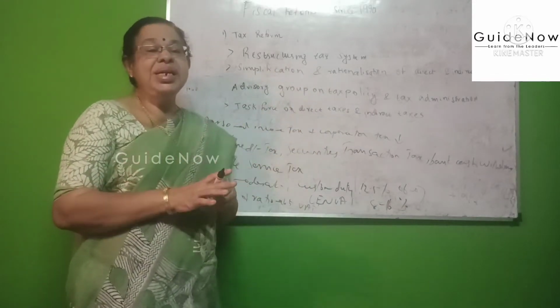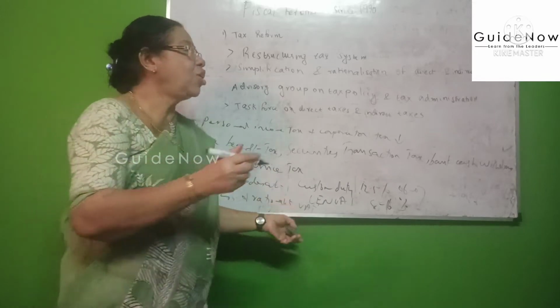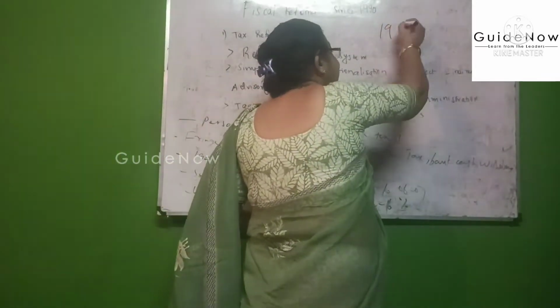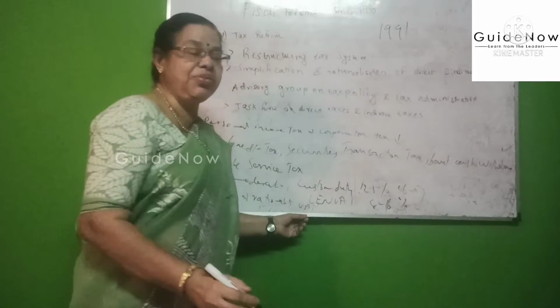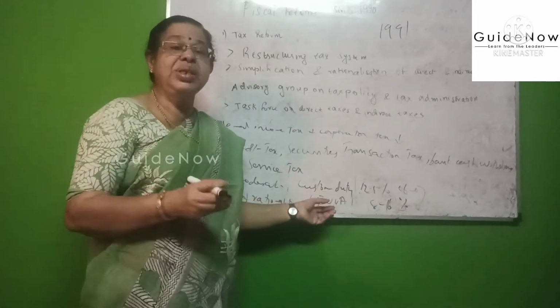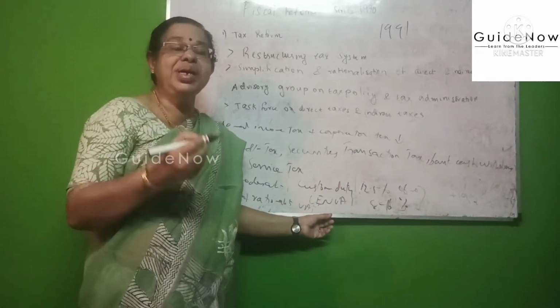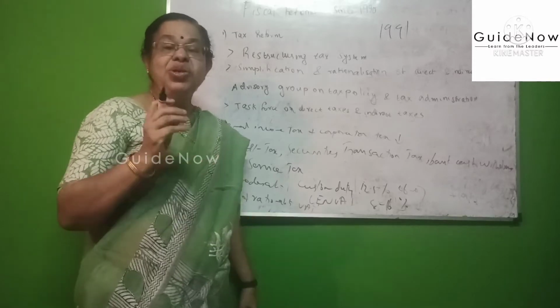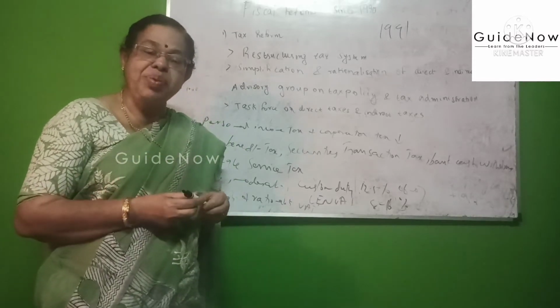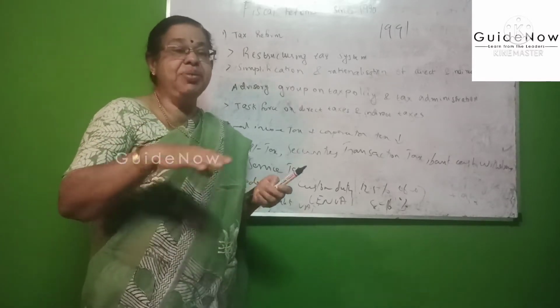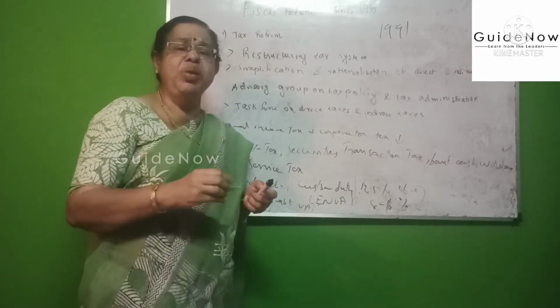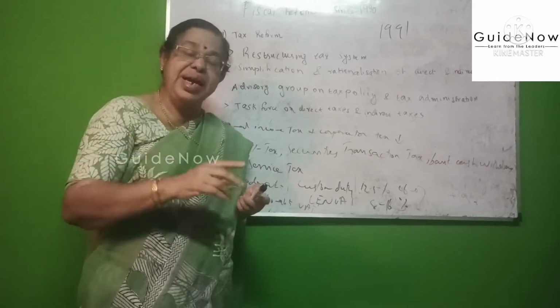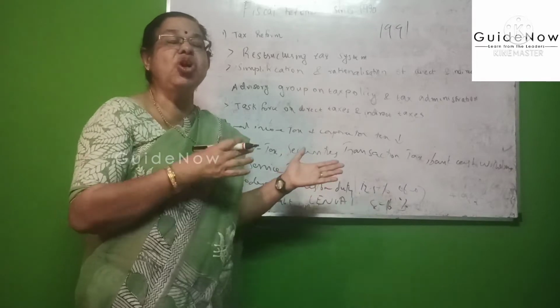In India, in the year 1991, many economic reforms were introduced to avoid macroeconomic instabilities. At the same time, there were many issues and problems before the 90s, so the government introduced many reforms.